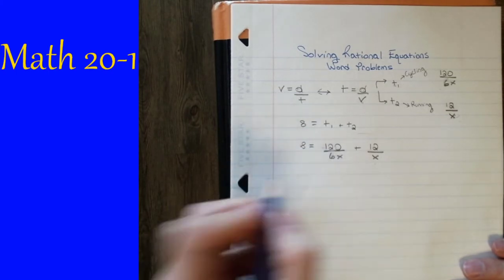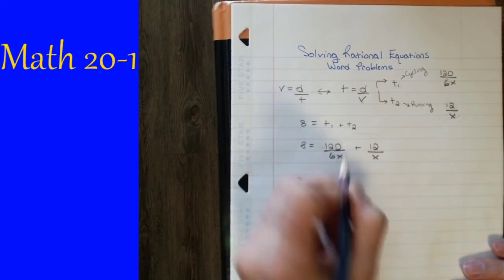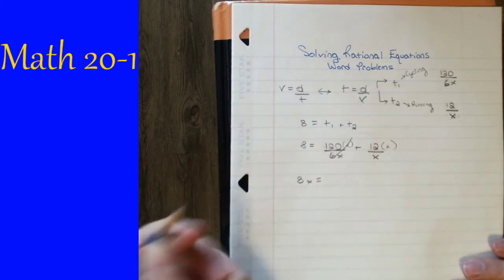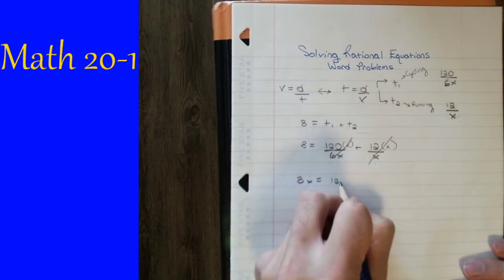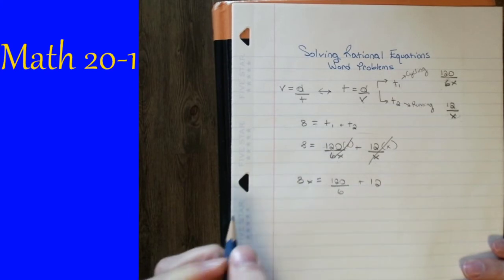I'm going to multiply by x to begin. So I have 8x is equal to, if I multiply by x here, it cancels, as well as here. So I only have to multiply by x once, and I get 120 over 6 plus 12.